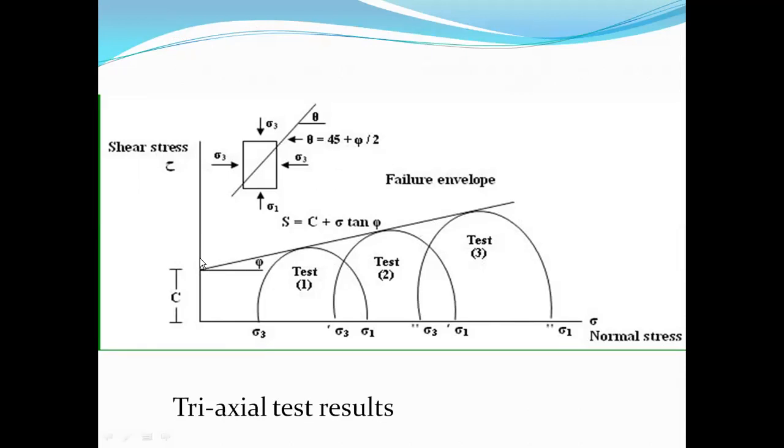So the shear stress S is equal to the cohesive force plus the corresponding normal stress into tan phi, where phi is nothing but the angle of internal friction. This is the conclusion we can draw, or the information that we can derive by performing the triaxial test.